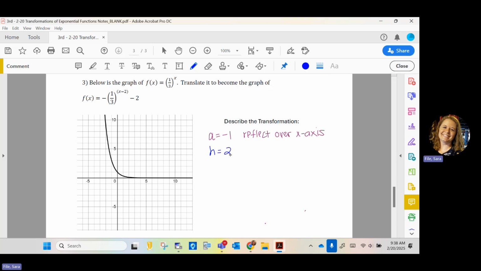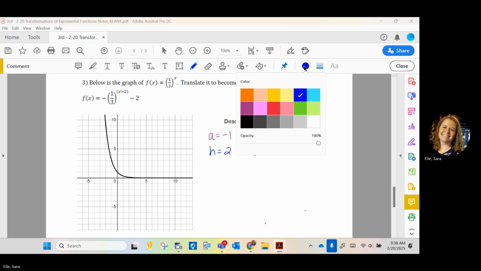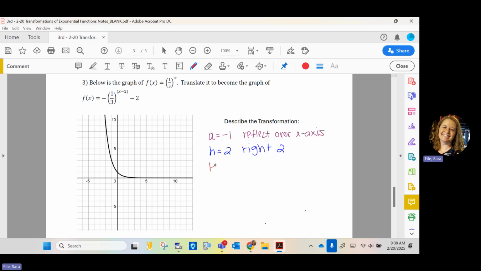Remember, it's the opposite sign that you see there. So that says x minus 2, so h is a positive 2. This graph is shifted right 2. And then your k value is also minus 2, but you keep that sign. So k is -2, so this graph is shifted down 2.